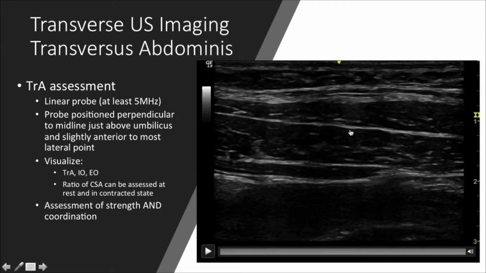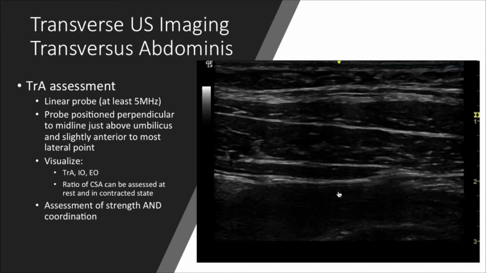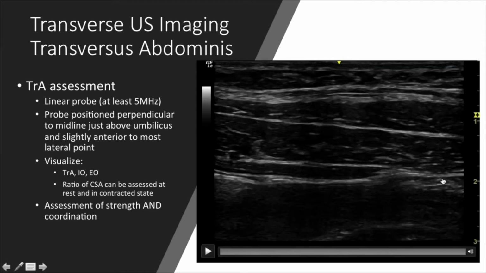So in this image, you can visualize your transverse abdominis here, your internal oblique, and your external oblique. You also can measure the cross-sectional area of these muscles at a resting and contracted state to help determine where there's some dysfunction, and utilize this in addition to your pelvic floor muscle during your rehab process.